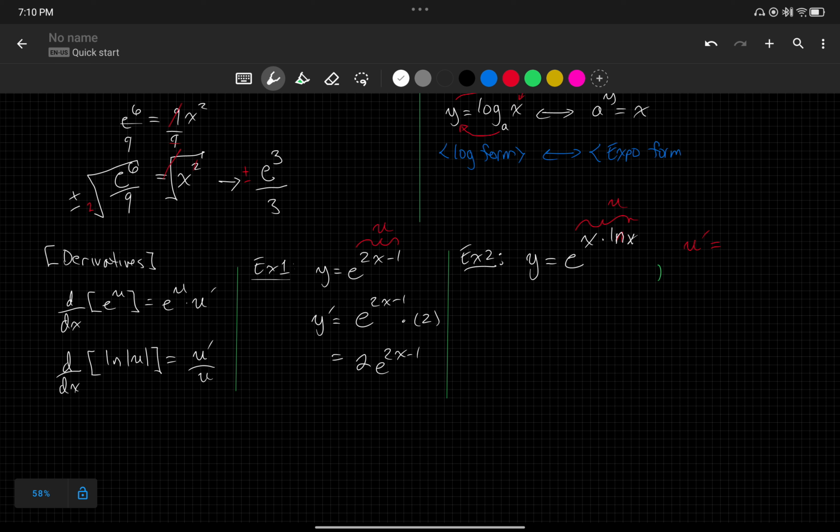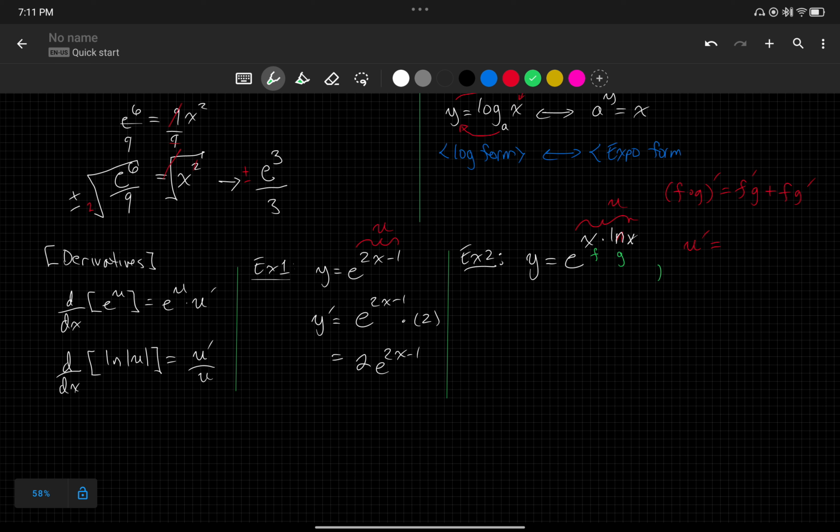There we go. So if you have f times g, the derivative was f prime g plus f g prime. So in other words, f is x and g is ln of x.